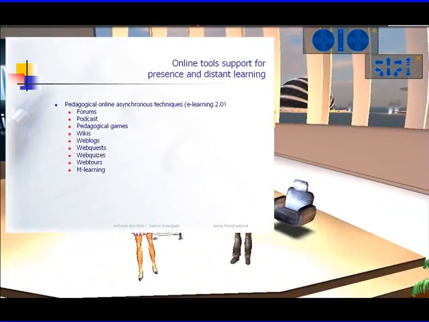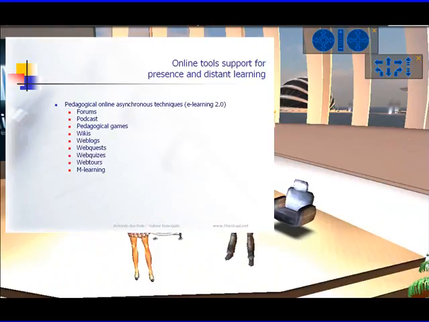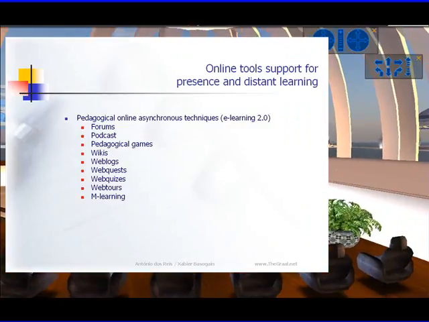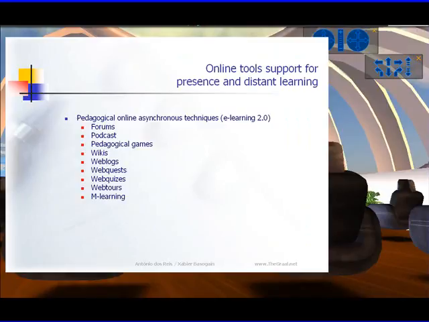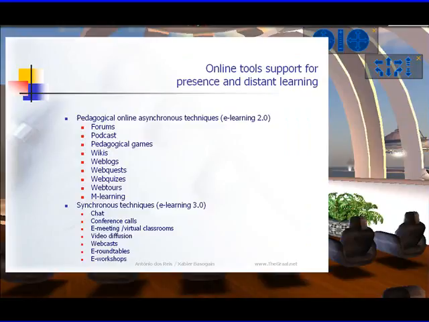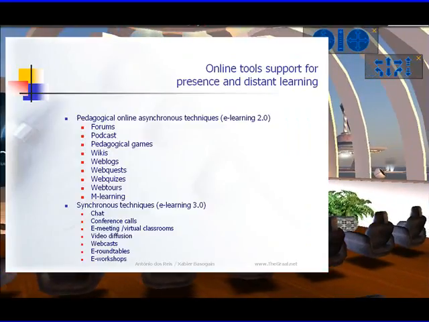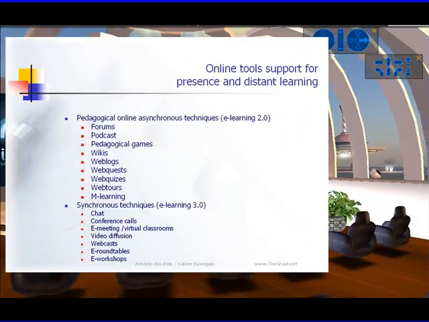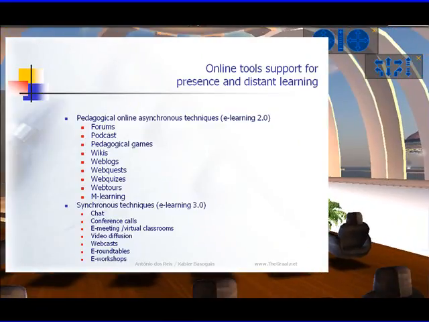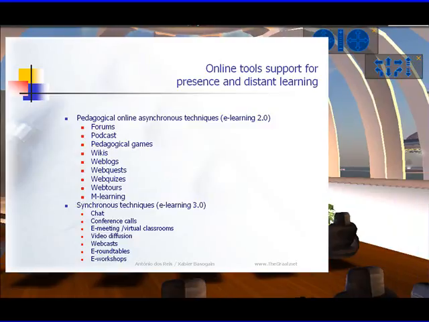We can say that the main tools for e-learning 2.0 are forums, podcasts, pedagogical games, wikis, web blogs, web quests, web quizzes, web tools and mobile learning. And for e-learning 3.0 we have different tools: chats, conference calls, e-meeting, virtual classrooms, video diffusion, webcasts, e-roundtables and e-workshops.